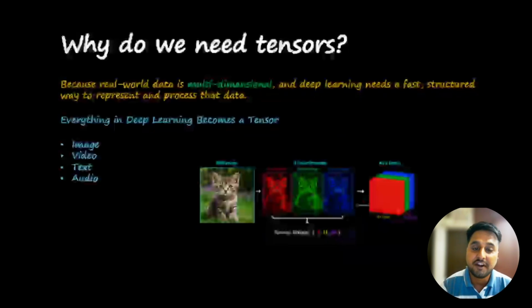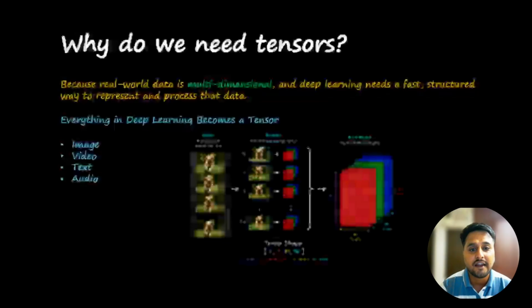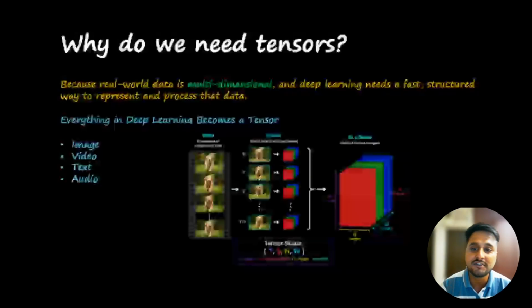Similarly, video is also a tensor, a 4D tensor that has frames. Video is nothing but a number of frames stacked together. So it has four dimensions. The first dimension is frames, the second is channel, the third is height, and the fourth is width. By combining all the dimensions, we have a video tensor.